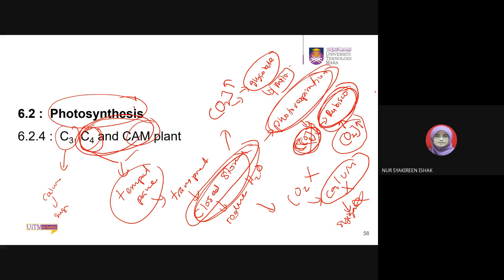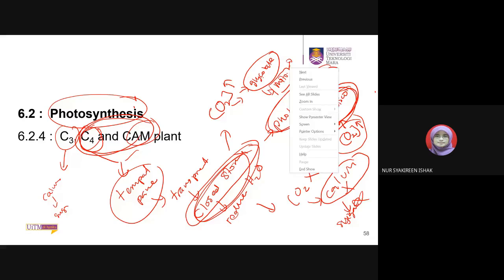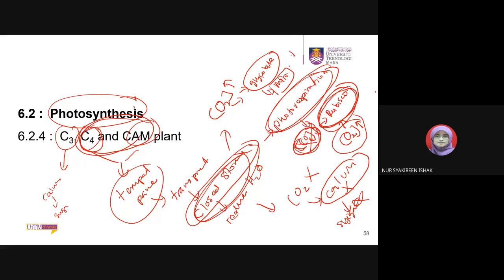Mitochondria instead of hasilkan ATP, dia akan use ATP. There's no ATP produced, dan juga dia akan menghasilkan carbon dioxide.